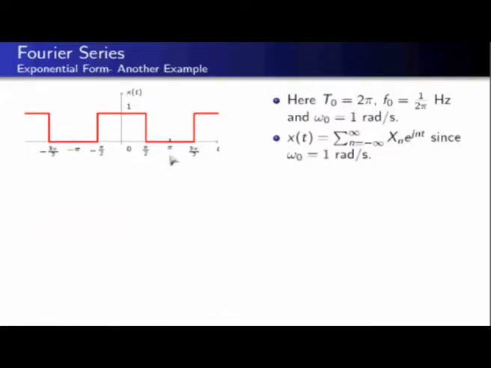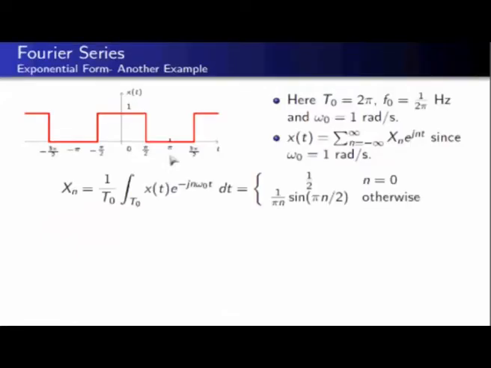I think this is what I have tried to do here. I have not shown the steps. I would like you to go home and try this. Substitute for x of t from one period, so you start at minus pi, it's 0 up to this point, then it is plus 1 from minus pi by 2 to plus pi by 2, and 0 up to plus pi.